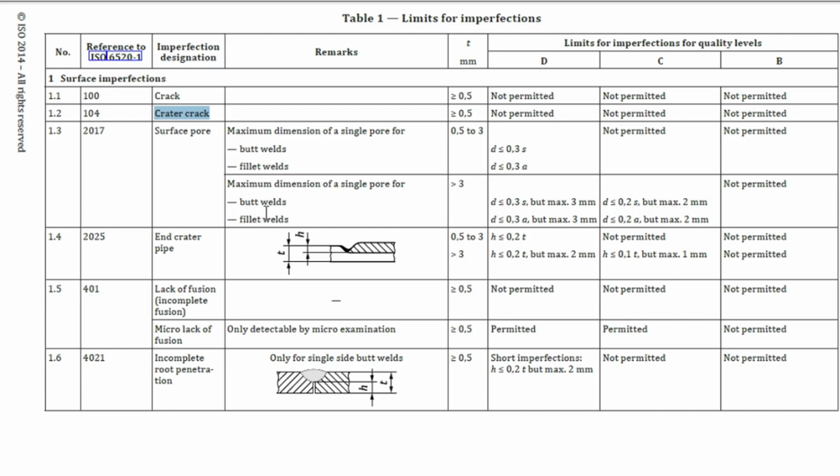Then the maximum dimension of a single pore for butt-welds and fillet welds, if the thickness is greater than 3 mm, this is the acceptable criteria.